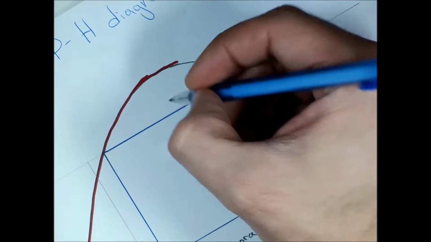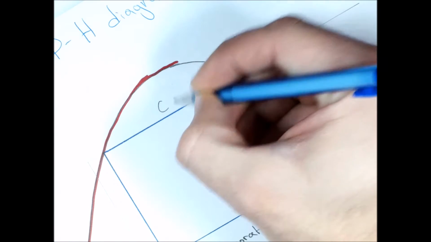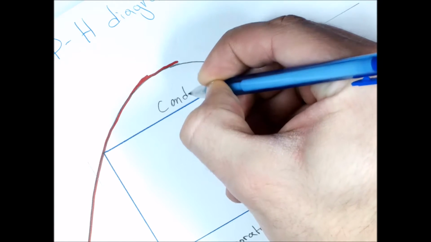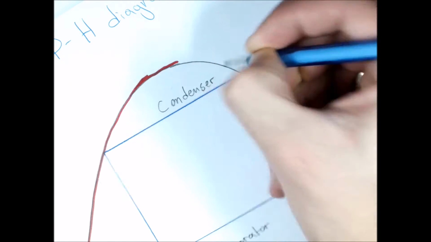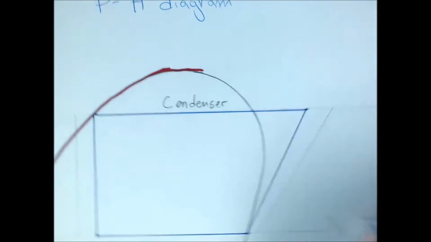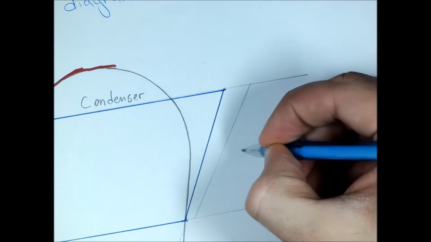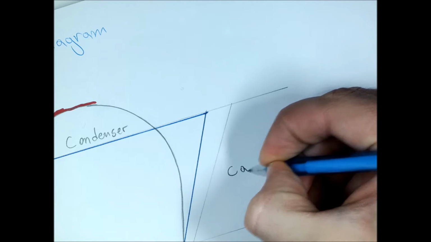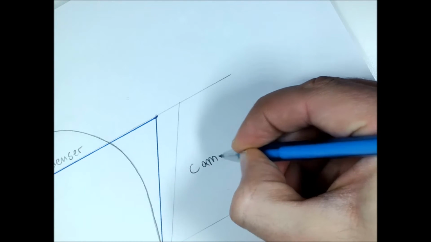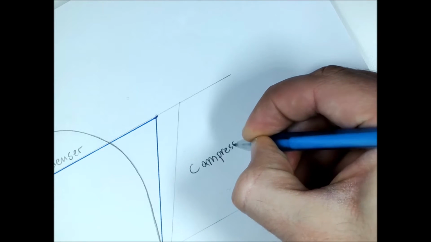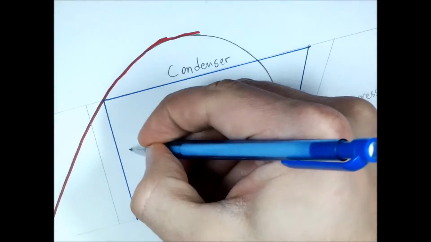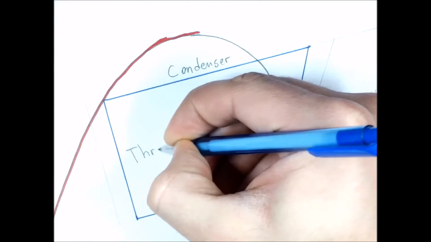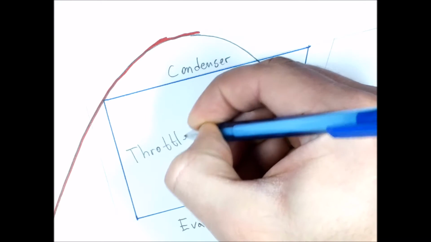We have up at the top the condenser, which operates at higher pressure. We have the compressor right here, and here finally we have the throttle.